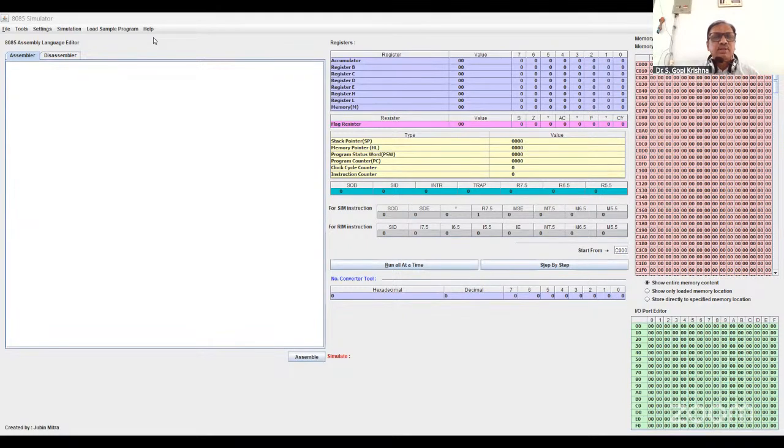So MOV M, C. Then the immediate addressing move instruction, MVI RD, data. Whatever is the data will be transferred to the destination register. The 8-bit data is stored in the destination register or memory. If the operand is a memory location, its location is specified by the contents of the HL registers.